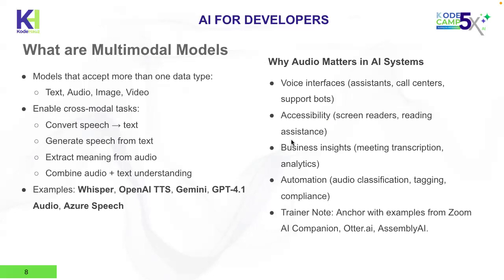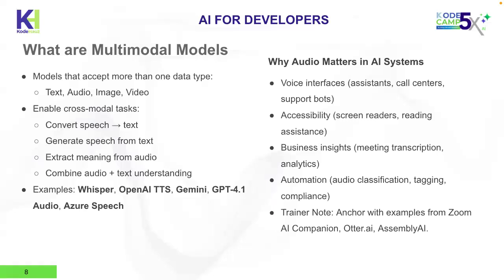These are basically models that accept more than one data type. So they can accept text, audio, image, or video, right? That allows them to do what we call cross-modal tasks.